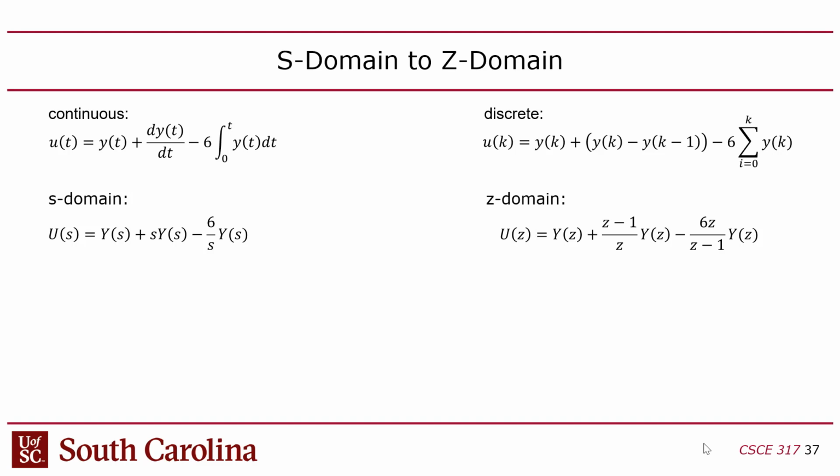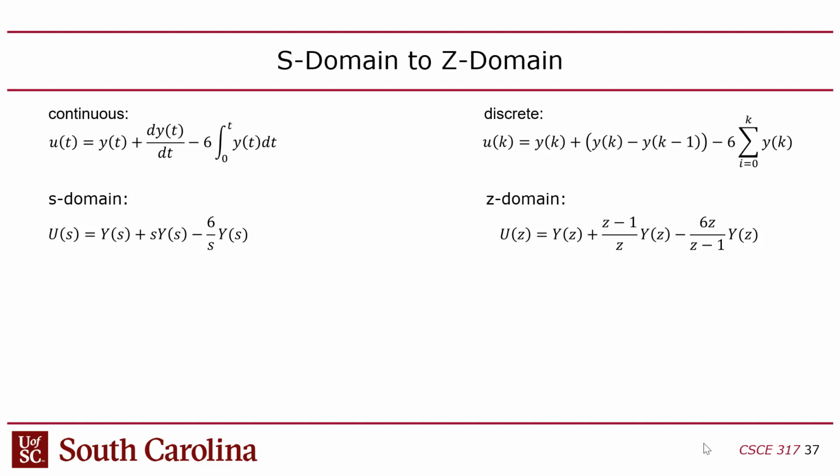Let's say you have a continuous differential equation, an LTI, linear time invariant system. This is the same example I showed before. U of t equals y of t plus the derivative of y minus 6 times the integral of y. Okay, and then you can convert this to S domain very easily.